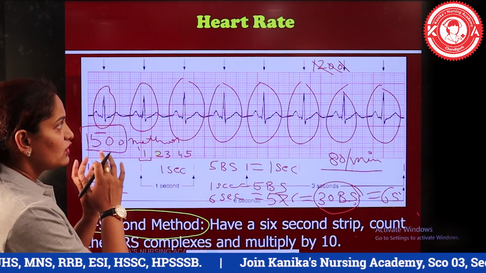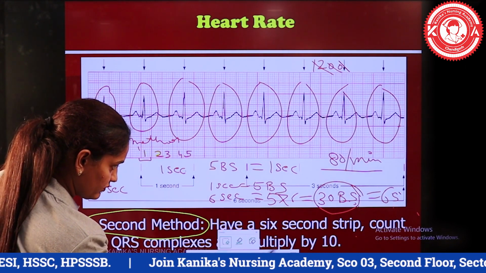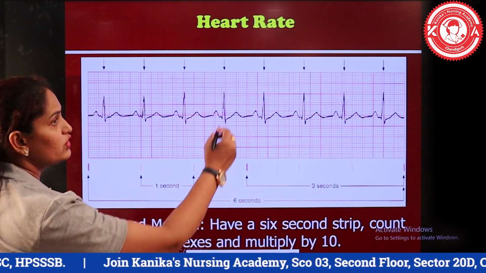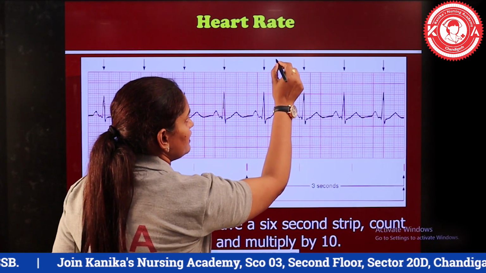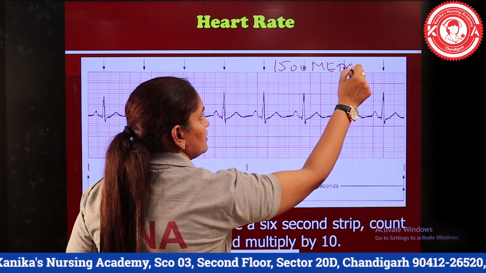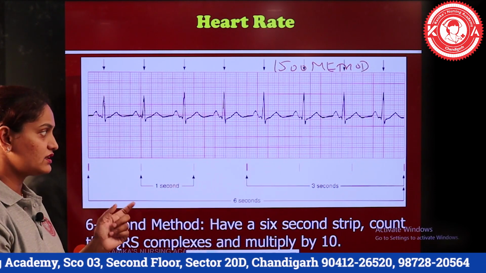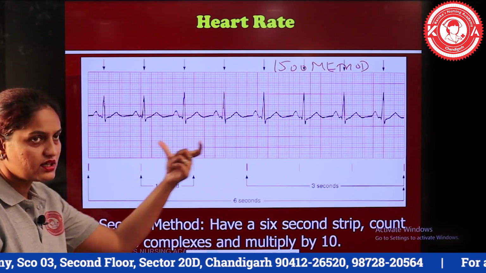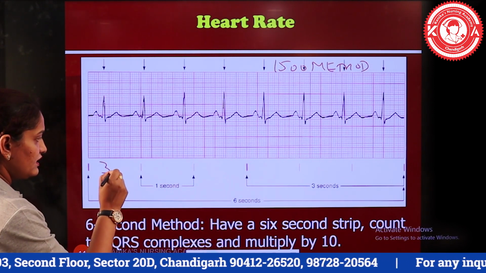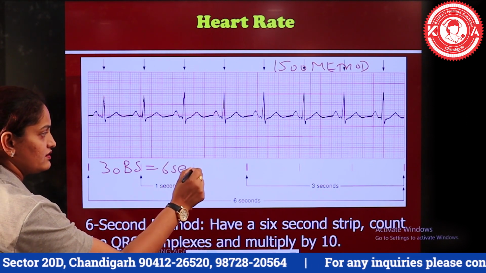So let us quickly review. I will erase everything else from this page so that it becomes easy for you to understand. First is the 1500 method. Earlier we used this strip as a 6-second method, and we said that there are 30 big squares in 6 seconds, right?